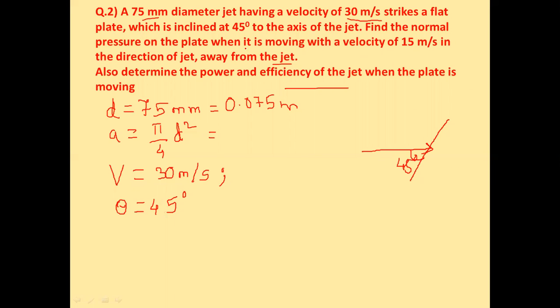Find the normal pressure on the plate when it is moving with a velocity of 15 meter per second in the direction of the jet. So the plate is moving with a velocity 15 meter per second. So the velocity of plate is small u, 15 meter per second. And theta is 45 degree. And we have to find out the normal pressure.